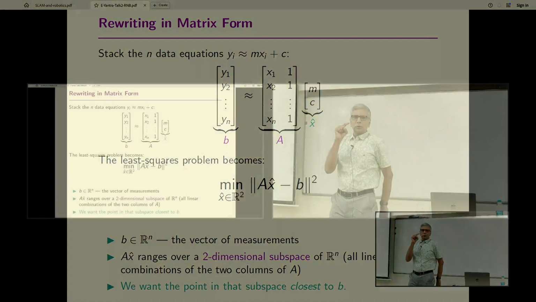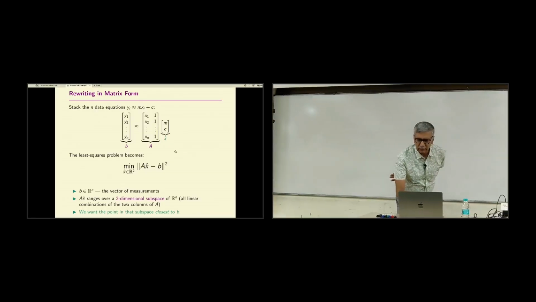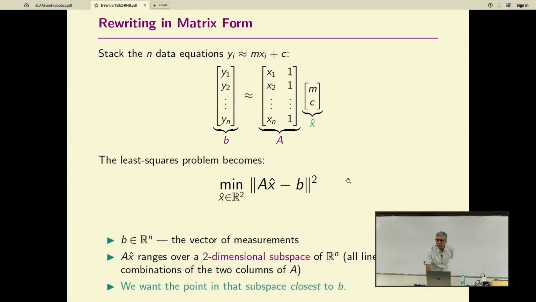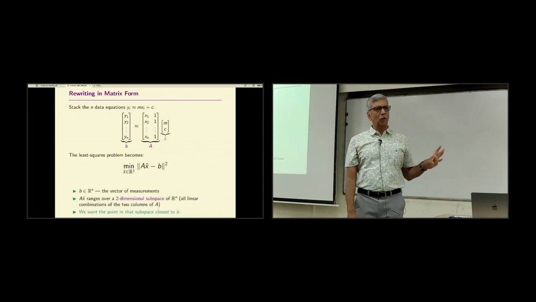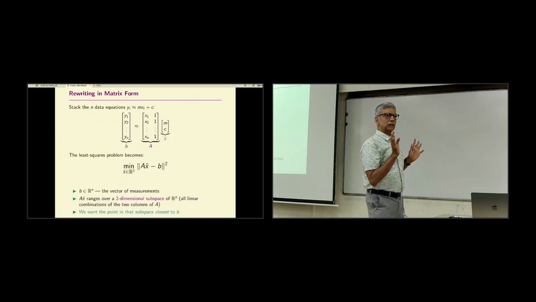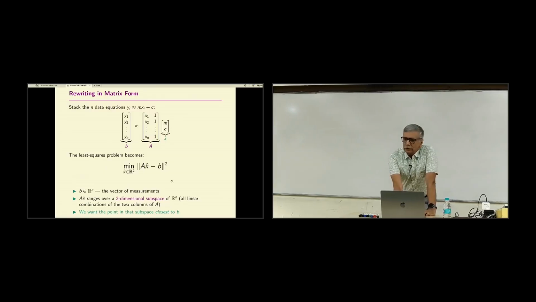So I've introduced a new notation, which is these parallel lines here with this 2 on top. I'm sure most of you have seen it. That's the square of the Euclidean norm. So what is the geometric interpretation of this?